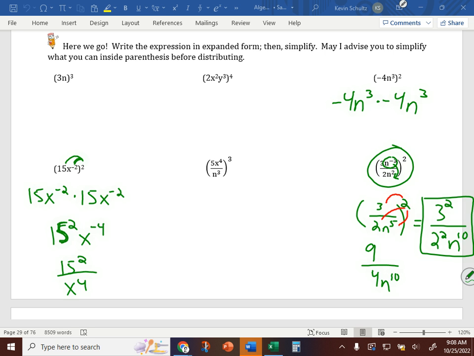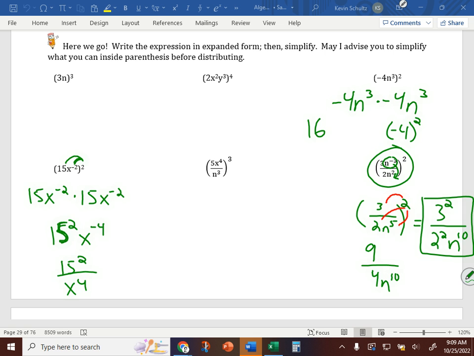So, how many negative 4s do I have being multiplied together? And what is negative 4 squared? Or negative 4 times negative 4? Positive 16, right? So when I write this out, I'm either putting a positive 16 in front, or I'm putting a negative 4, but I've got to keep parentheses around it to show that my negative 4 is still part of the base.